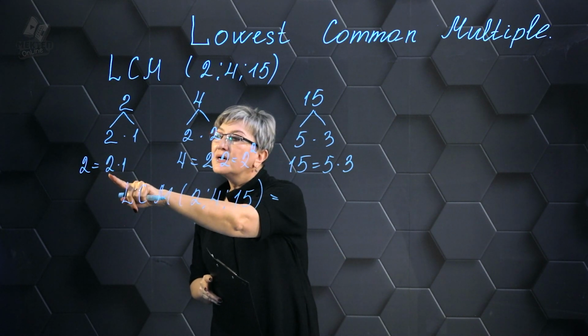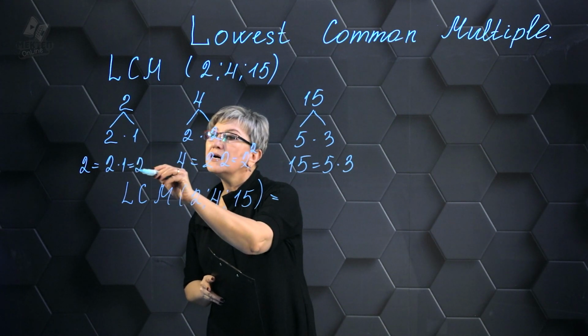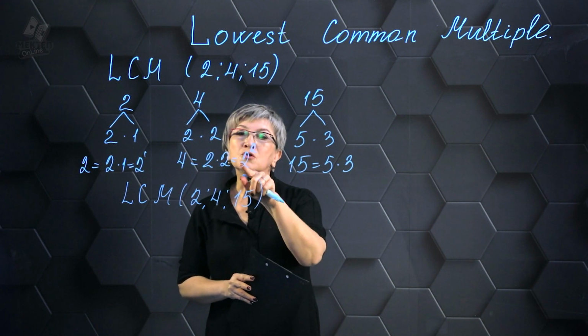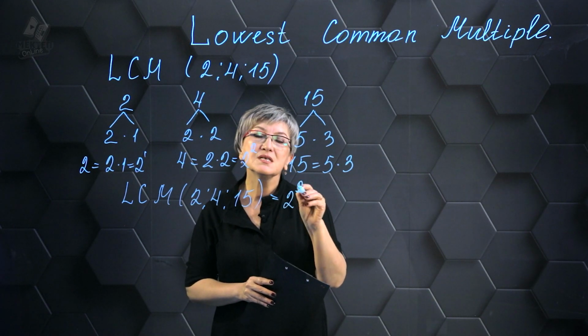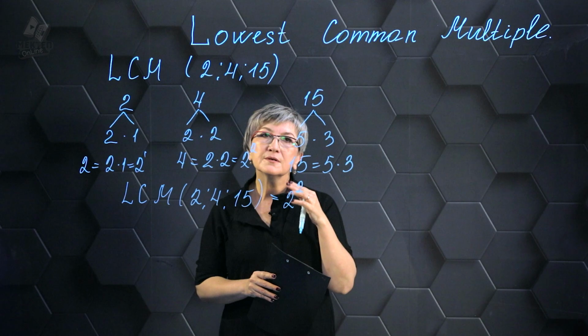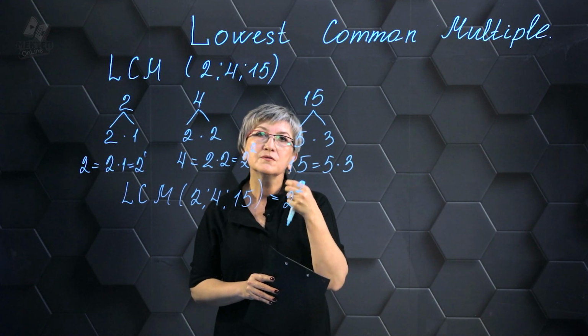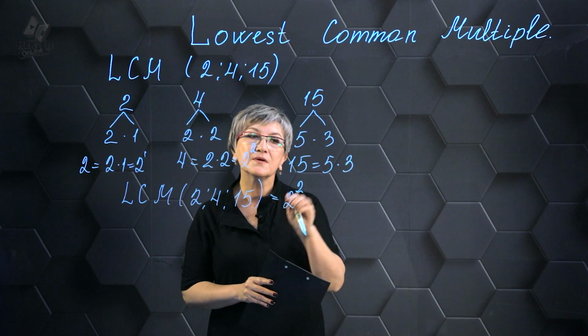All right, let's take a look. I've got a 2 here. It's in the first degree, right? So 2 to the power of 1. Nevertheless, I have 2 to the power of 2, so I write it as 2 squared. So I opt for the one with the highest power out of these 2 numbers in order to make my selection. So it turns out 2 to the power of 2.